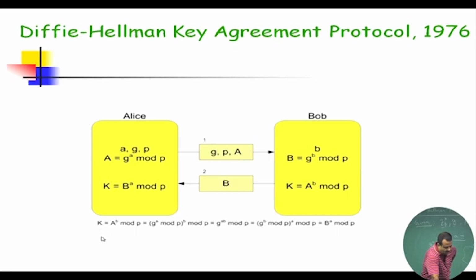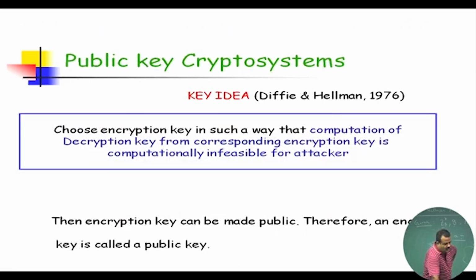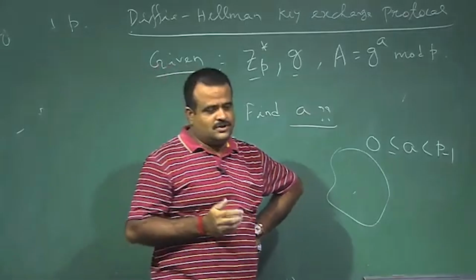Upon receiving, Alice computes G to the power B to the power A, which is G to the power AB, and Bob computes G to the power A to the power B, which is also G to the power AB. So this is the common key they are sharing. Okay. So the key idea for the public key crypto system is coming from here. This is the starting point of the public key crypto system.